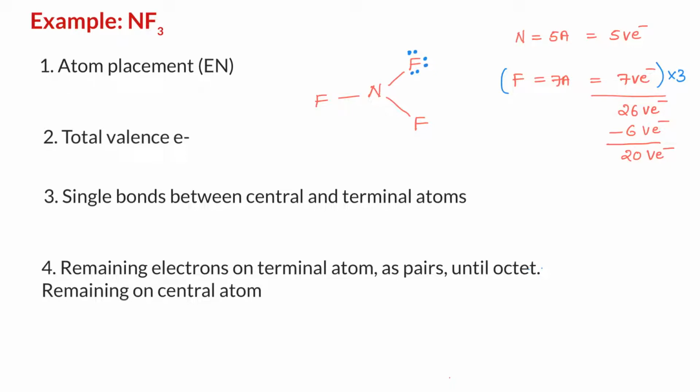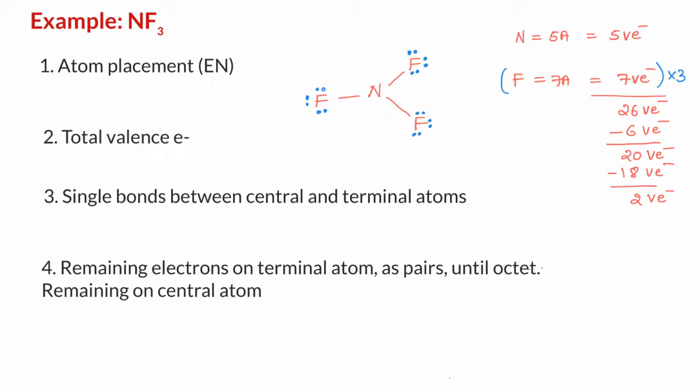Now it has 8 electrons, so I move on to the next fluorine atom and repeat the same process. Now all the fluorine atoms have attained octet configuration, and I used up 18 valence electrons in doing so. So I still have 2 valence electrons left over.